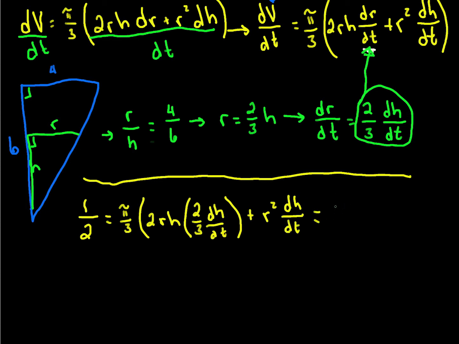which is equal to pi over, well, actually, I'm going to do something here. I know most of you don't like fractions, so I'm going to factor it out. So this is pi over 9 times the quantity 4rh plus r squared dh/dt.